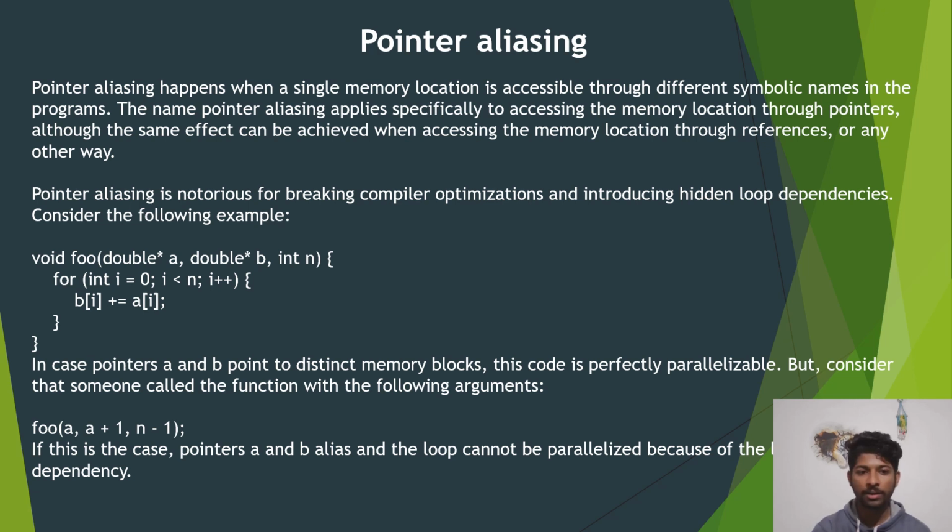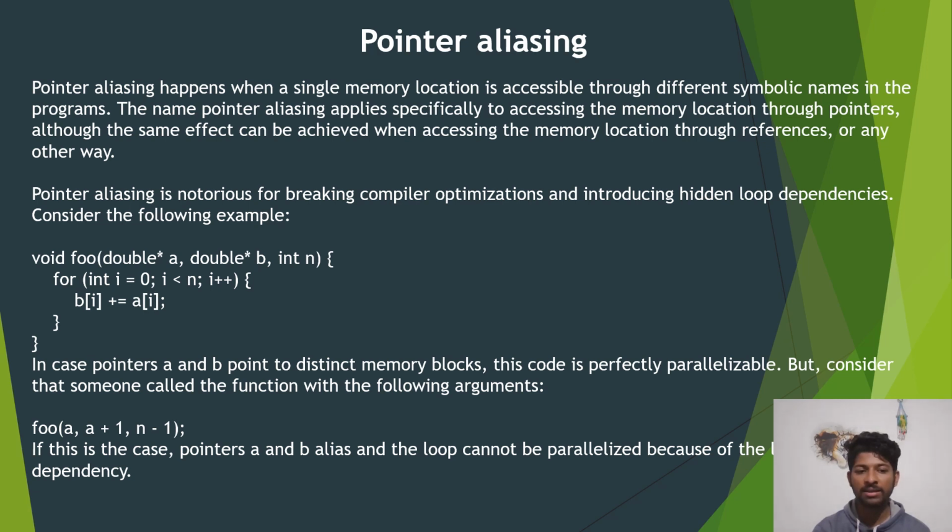Consider the following example: void foo(double *a, double *b, int n) { for (int i = 0; i < n; i++) b[i] = a[i]; } In case pointers a and b point to distinct memory blocks, this code is perfectly parallelizable.